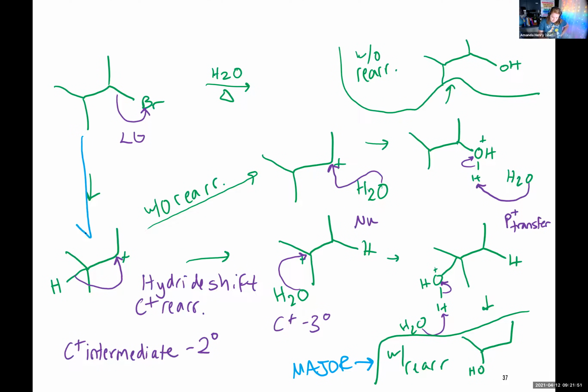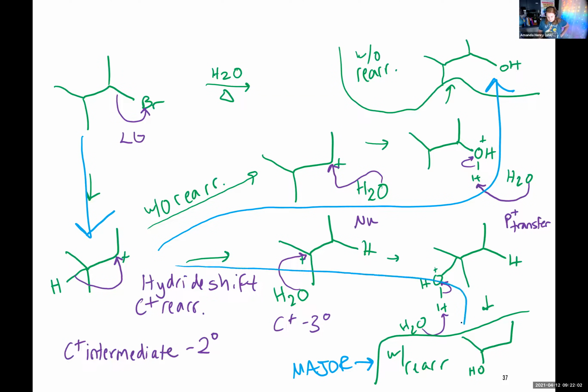They both start right here, doing that loss of a leaving group. And then one pathway goes up this way, and the other pathway goes down this way. This one going to the right and up is without the carbocation rearrangement, and the one going to the right and down is with the carbocation rearrangement. Okay.